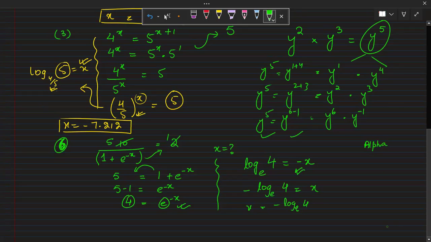Press the alpha, and then at the bottom you find this E. Okay, found it. So I got negative 1.386. Negative what? 1.386. Okay, all right.